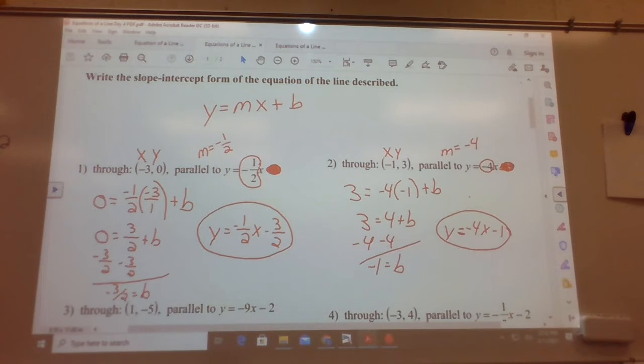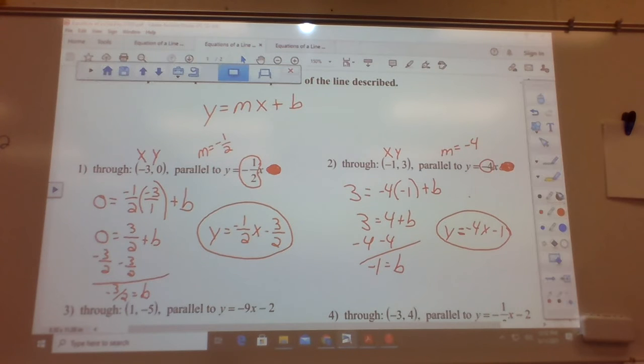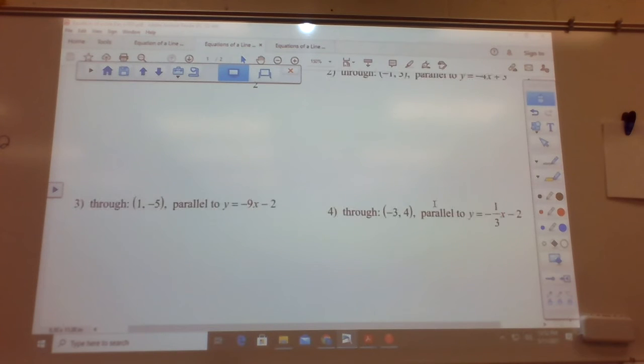Same process. So see a couple people writing. Can I slide it? You good? Sliding on. 3 and 4, same thing.